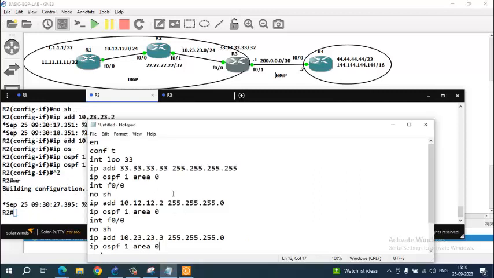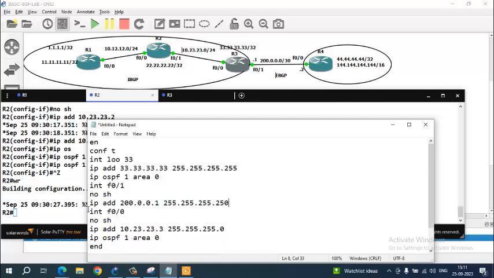Okay, now going back to this configuration, R3, F0/0, this is okay. F0/1 is a WAN facing interface. 200.0.0.1 and 250. No OSPF. I repeat, I am removing OSPF from F0/1 for R3. Shouldn't it be 252 for the subnet mask? 252, right.